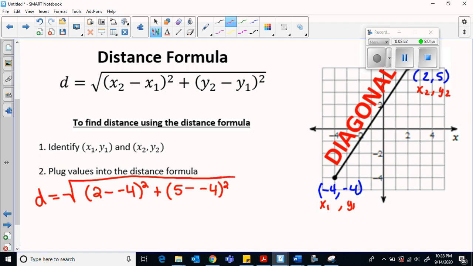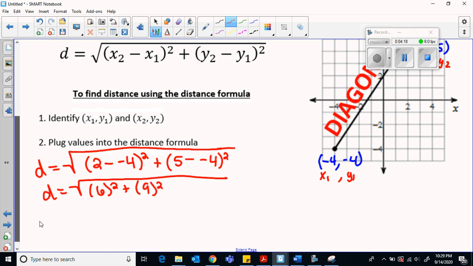Now we're going to follow order of operations underneath. Remember, we do parentheses first. So 2 minus a negative 4 joins and makes a plus, so that's really 6 squared, plus 5 minus negative 4, which is 5 plus 4, so that's 9 squared. Next, we do exponents.